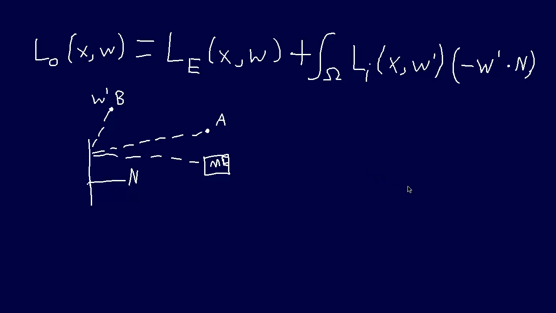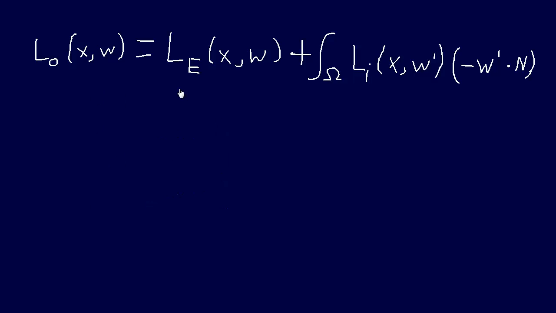So now we only have one part of the equation left. And this last term is something called the bidirectional reflectance distribution function, or BRDF.